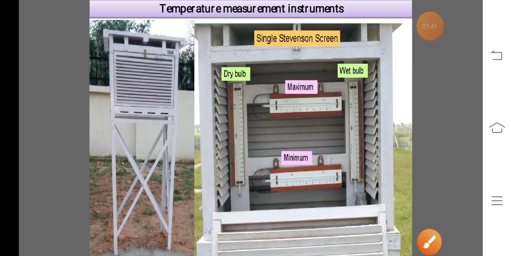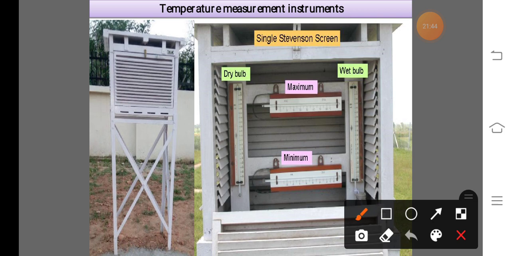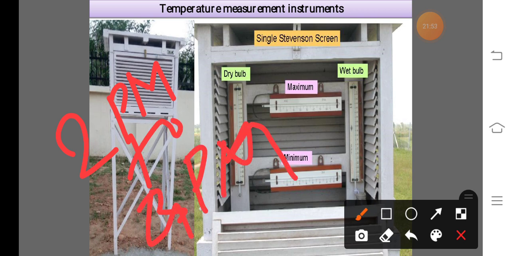And the maximum temperature of the day is recorded at 2 p.m. to 4 p.m. Indian Standard Time. But the time of observation of the maximum thermometer is different.